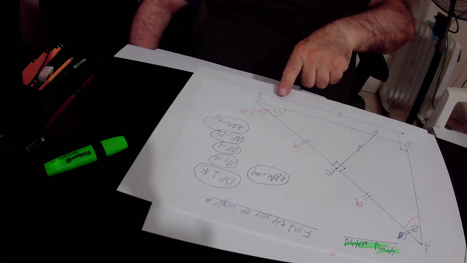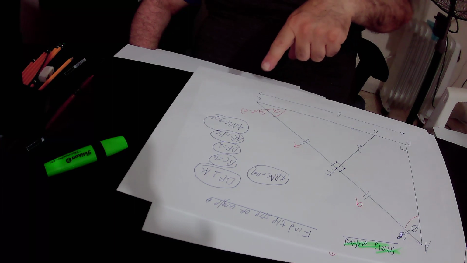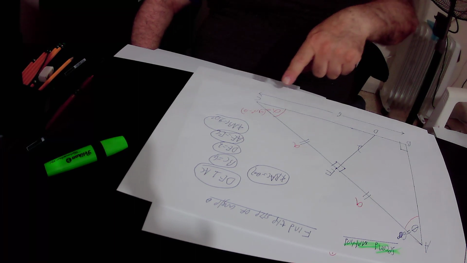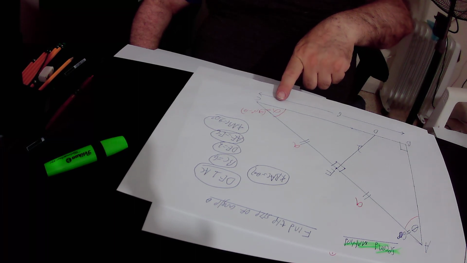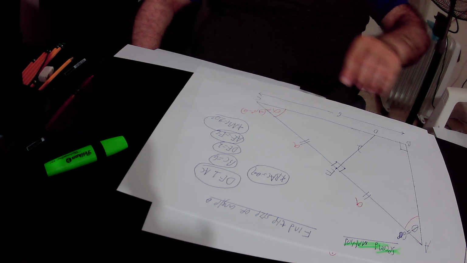So this angle equals alpha, this is also equal to 90 degrees minus theta. That is to say, we can derive from it that alpha equals 90 degrees minus theta.